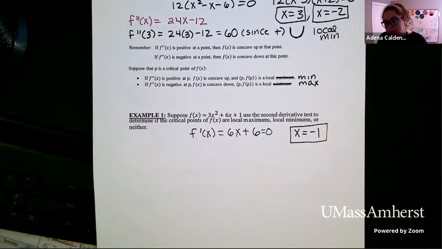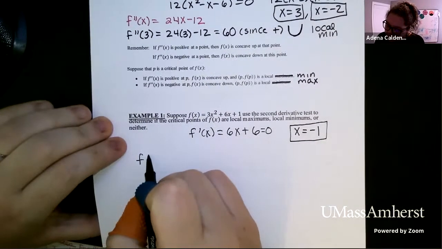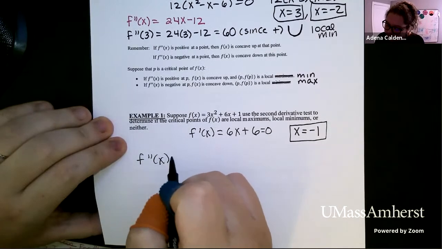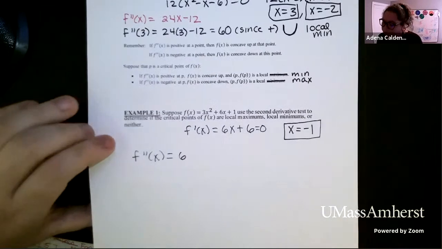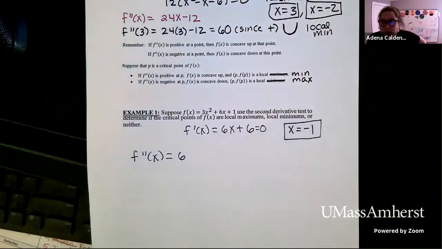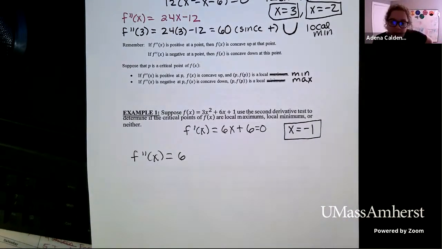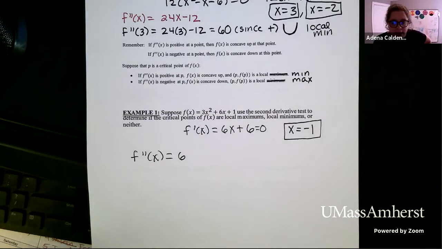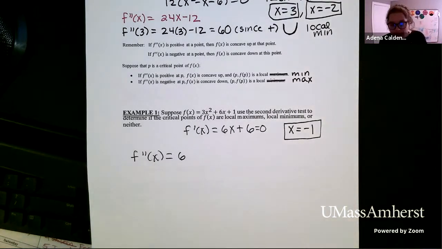Now, we want to use the second derivative test to determine what type of critical point this is. And this is a really good example because something really interesting happens here. So when we find the second derivative, we just get that the second derivative is 6, right, from the 6x term. Now, you might be thinking that we can't use this because we can't plug in the -1, but actually we can, because the second derivative equals 6 for all values.